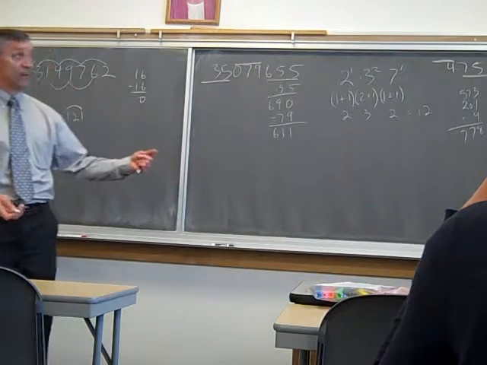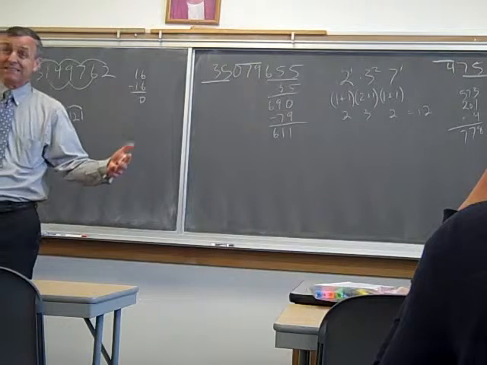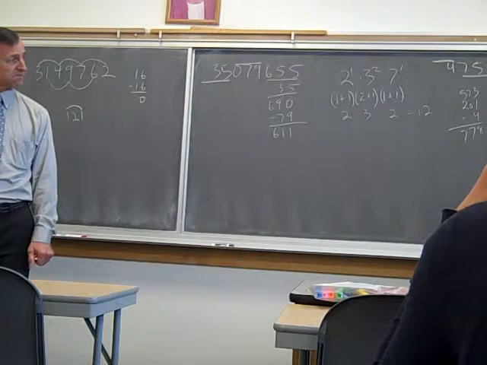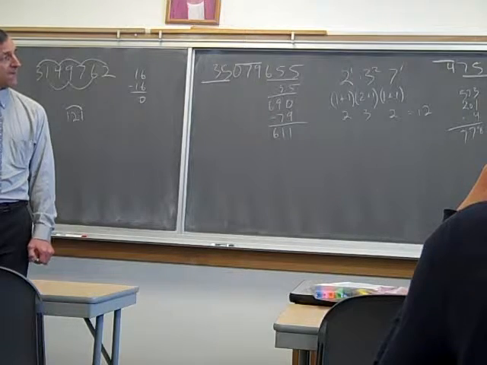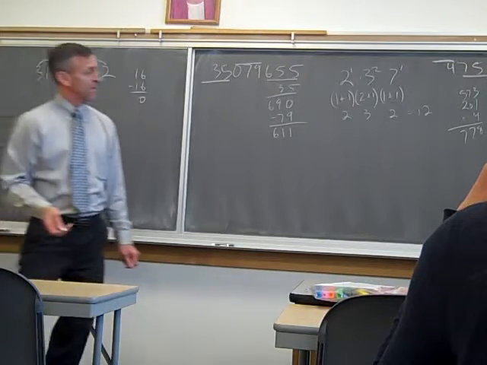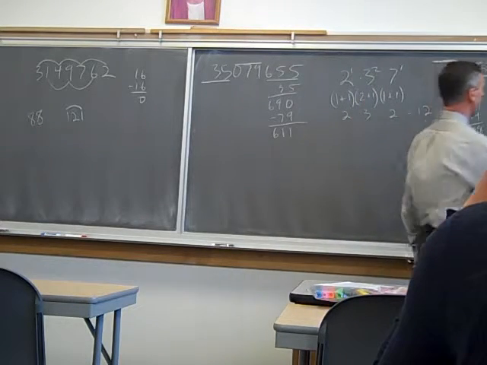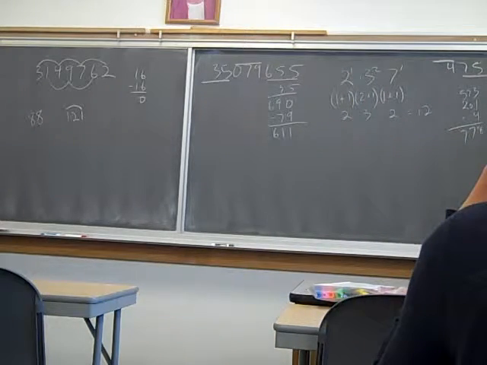You notice that 7, 11, and 13 were prime, right? Would it work with 3? Maybe it would. I don't know. This is divisible by 3, right? Okay, let's use what we know of before. That's 3. That's 12, so it's divisible by 3. That's divisible by 3.